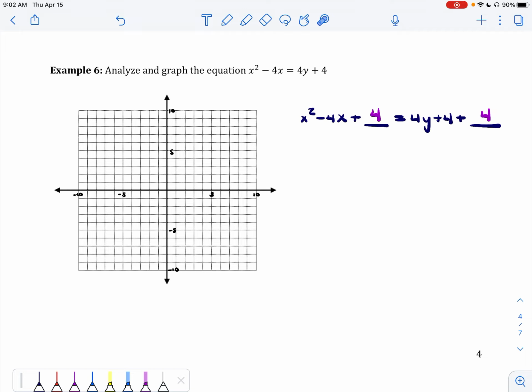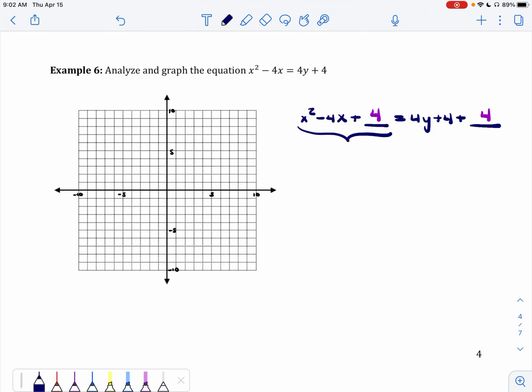So if we add a +4 to the left-hand side, we have to add a +4 to the right-hand side. It's only the x that we have to worry about completing the square on, because that's the only variable that is squared. The y is just a plain y, so there's nothing to complete. So go ahead and simplify this then.